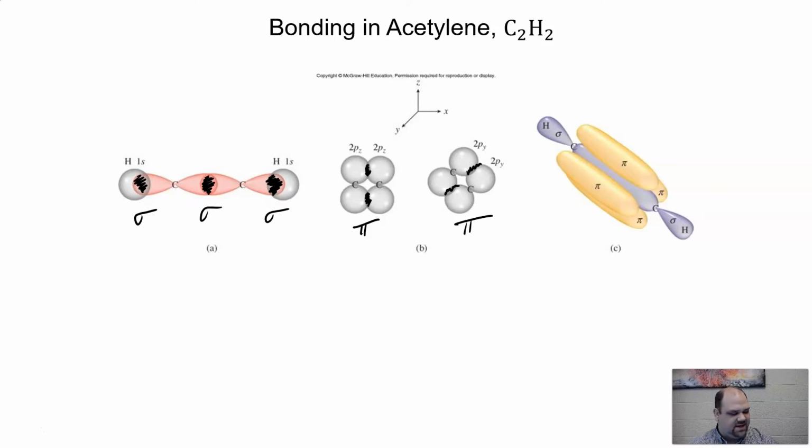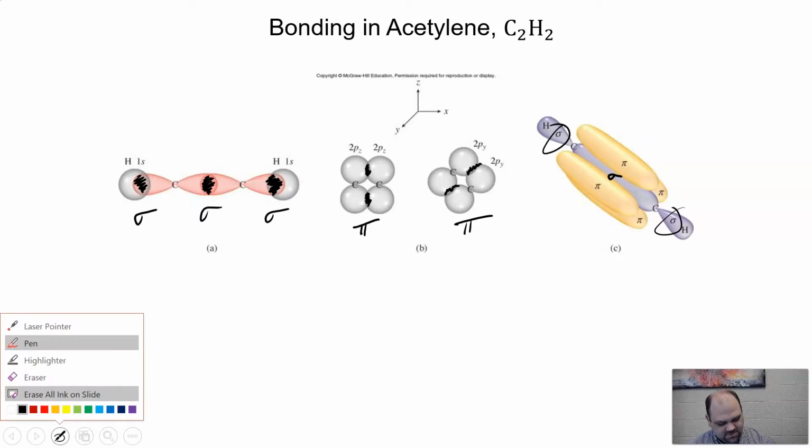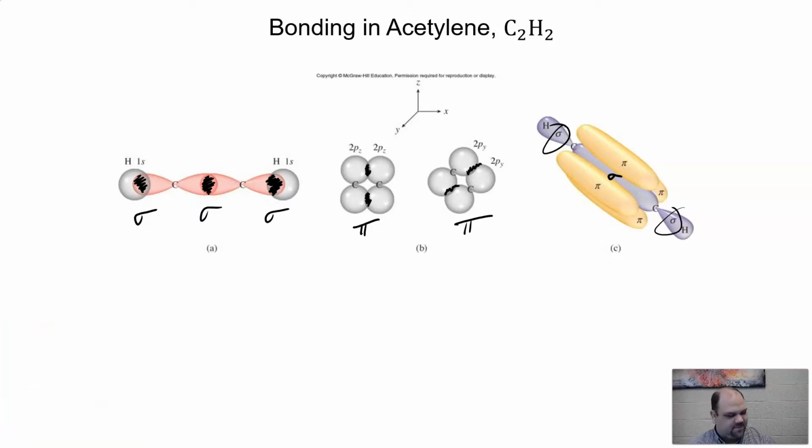And so you can see here in purple, we have a sigma bond to hydrogen, a sigma bond to hydrogen, and in the middle, even though it's not labeled, that's a sigma bond between the two carbons. Here, I'm going to change some colors around.